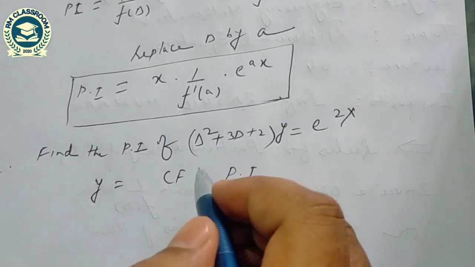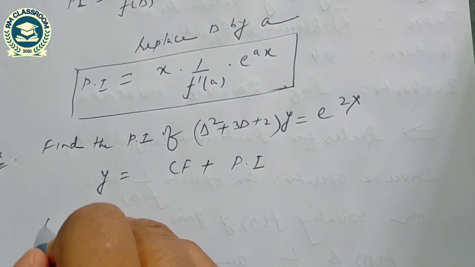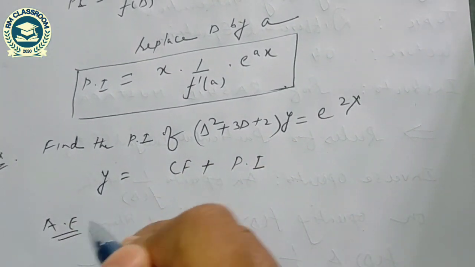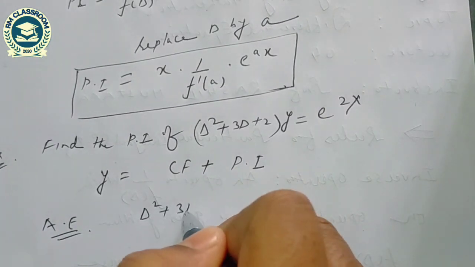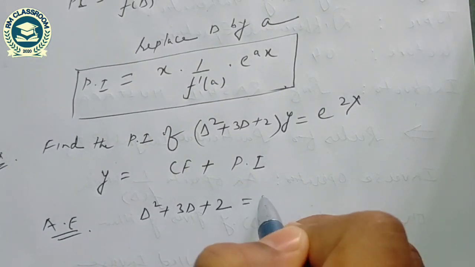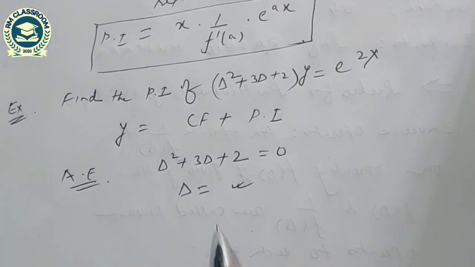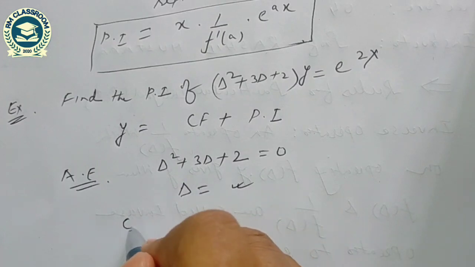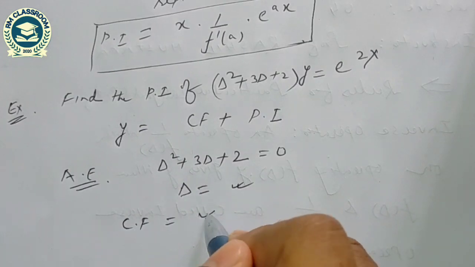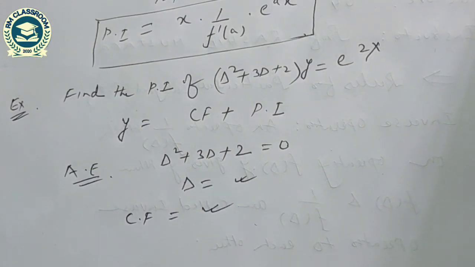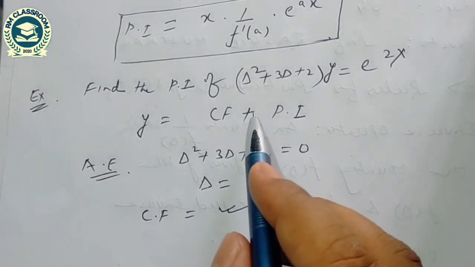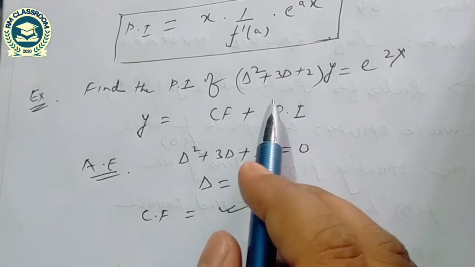For the complementary function, the auxiliary equation can be written as D square plus 3D plus 2 is equal to 0, find the value of D, and after that, out of the 4 cases, you can compute the complementary function that we have already seen in the last class. Today I am interested to compute the particular integral.